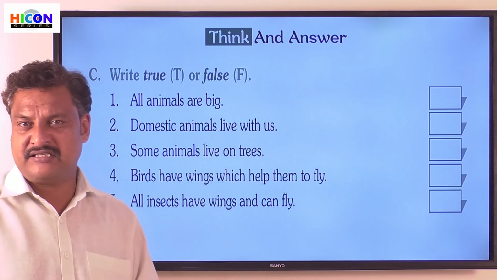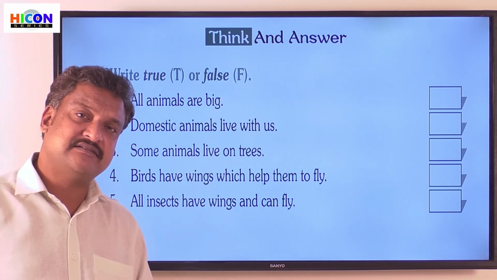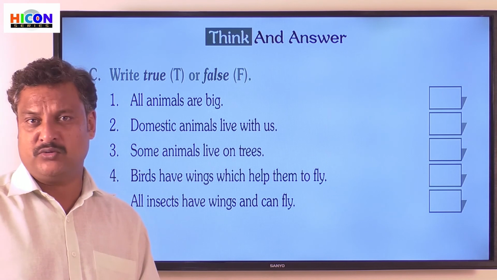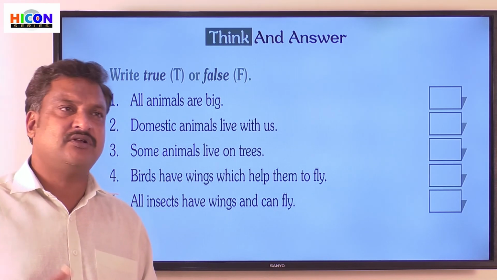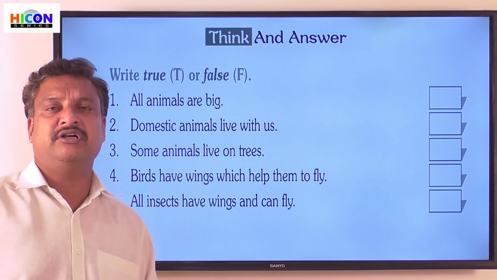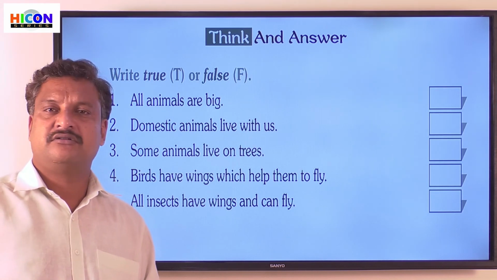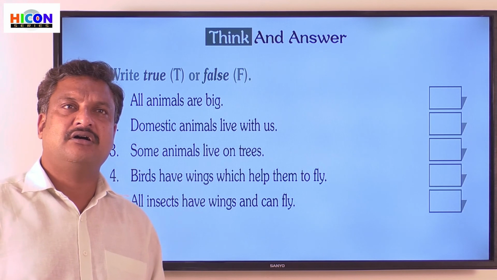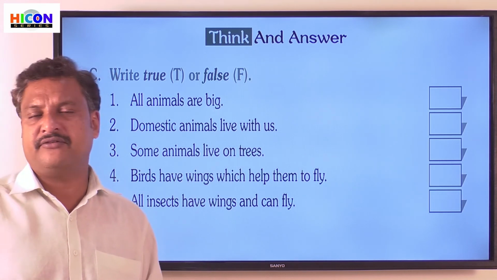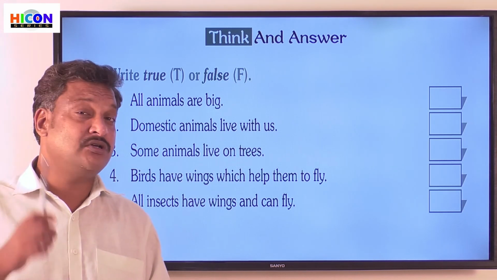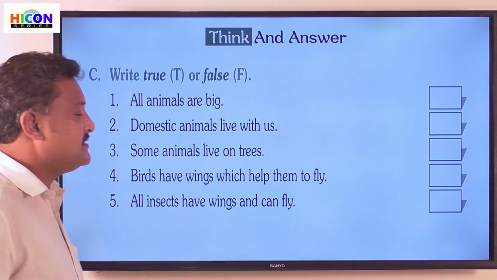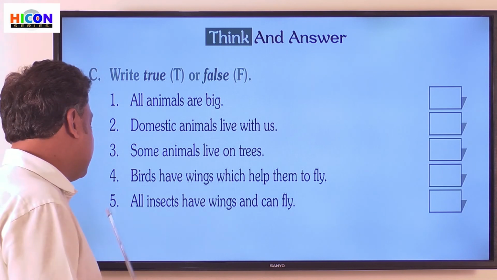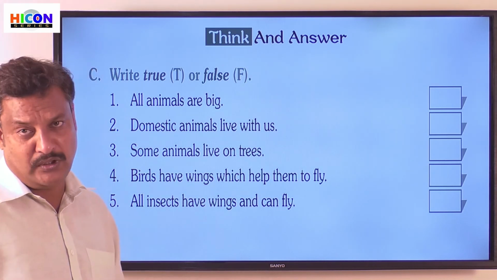Spiders are also insects, isn't it? The 8-legged animals, spiders, can they fly? But butterflies or dragonflies or houseflies or mosquitoes or ladybirds, okay, these kinds of insects can easily fly from one place to other, but not all insects, right? So as all insects cannot fly, this statement is a false one, right?